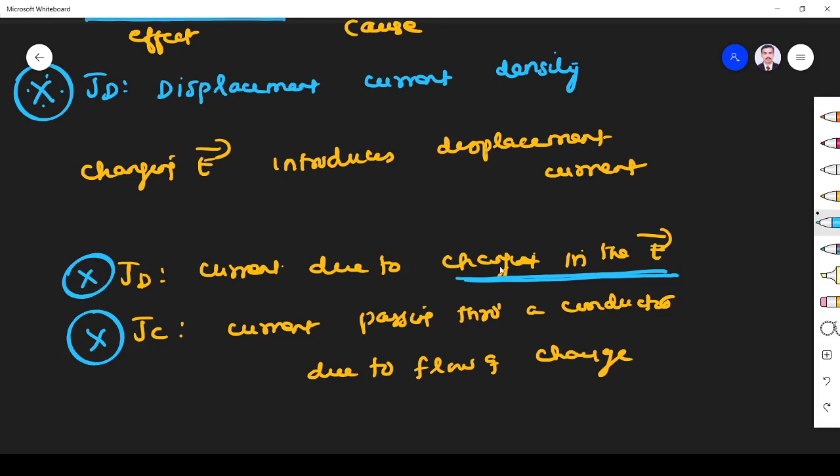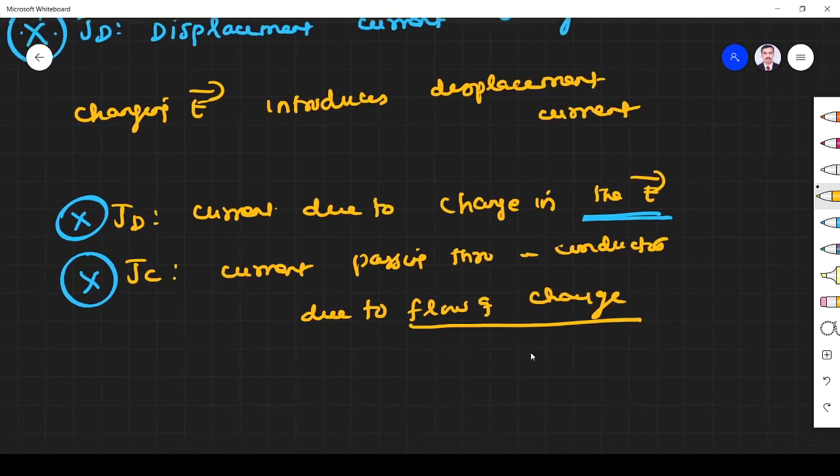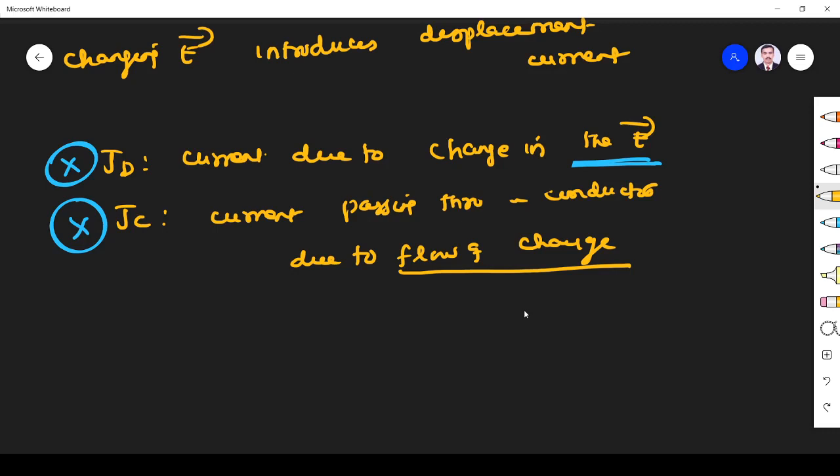So it is due to change in the electric field. I write properly, my handwriting is poor, sorry. It is due to the flow of charge, JC, right? Okay, this is the biggest contribution of Maxwell to the communication world. Okay, so that is very important.